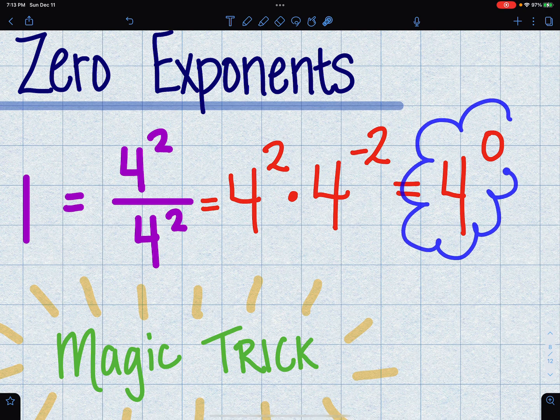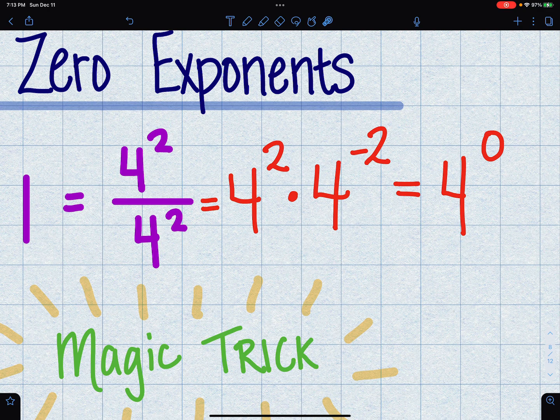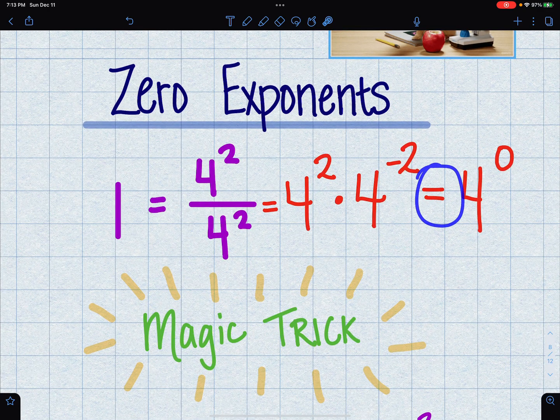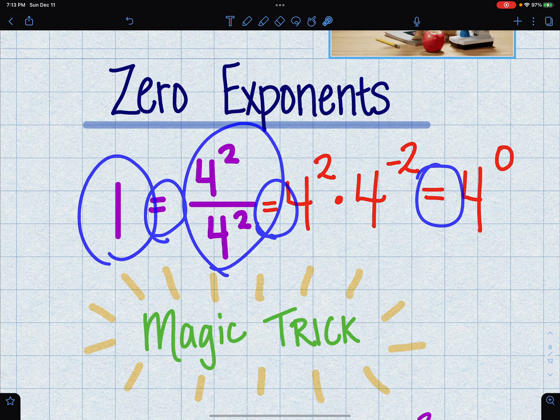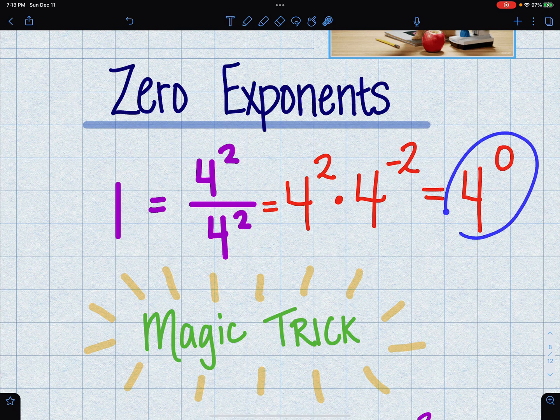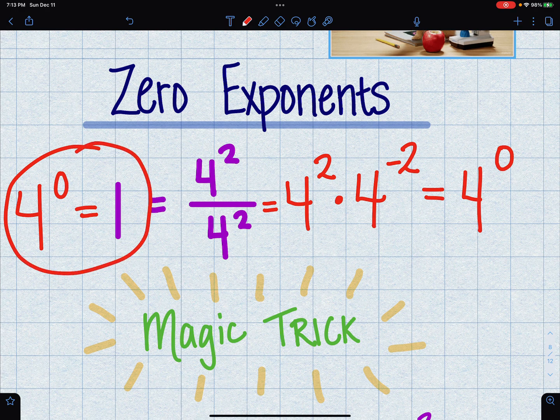Let's look at that for a minute and realize that 4 raised to the 0 power is the same as this, which is the same as the number 1. So 4 raised to the 0 power is the same as the number 1.